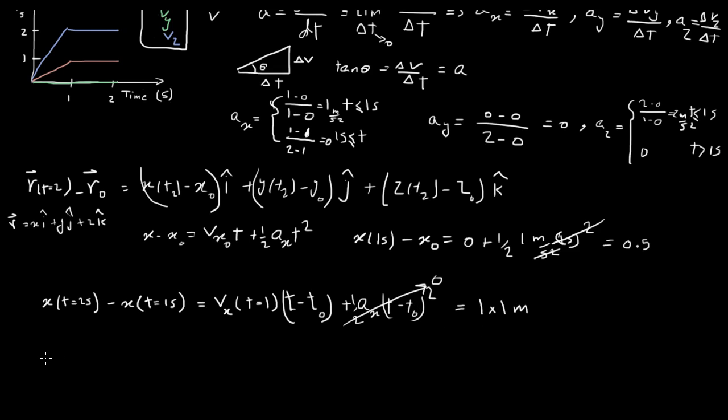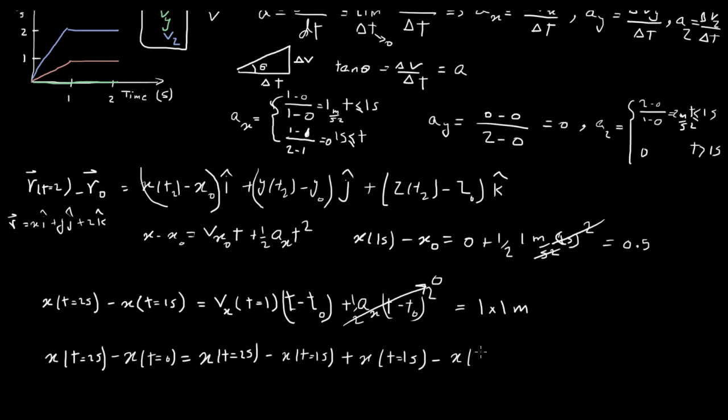Now x at t equals 2 seconds minus x at t equals 0 equals x at t equals 2 seconds minus x at t equals 1 seconds plus x at t equals 1 seconds minus x at t equals 0 seconds.